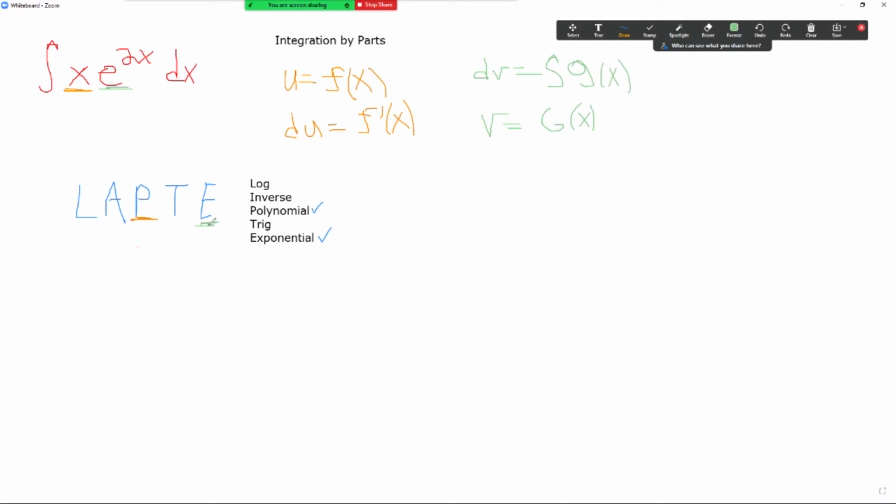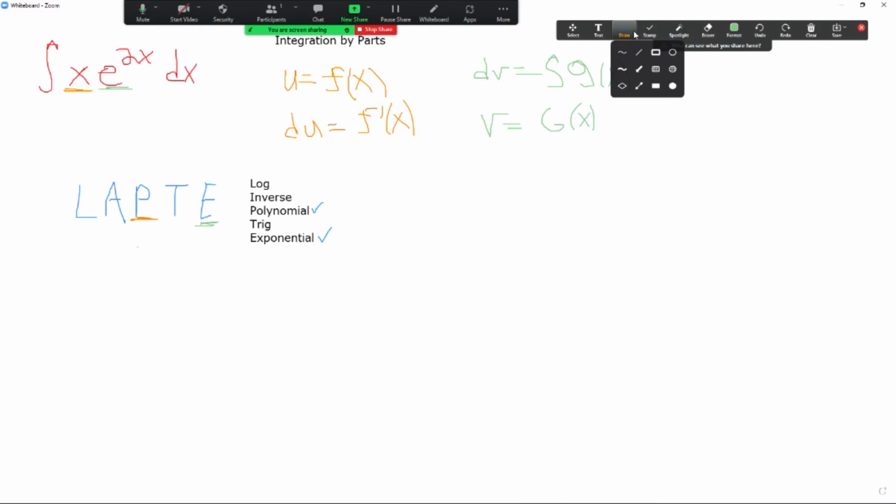For this example, usually you use this method, because there will be examples of integrals where it doesn't matter which one you let it be, but in the polynomial case, you'll usually use this little method here. So I see that polynomial comes before exponential.